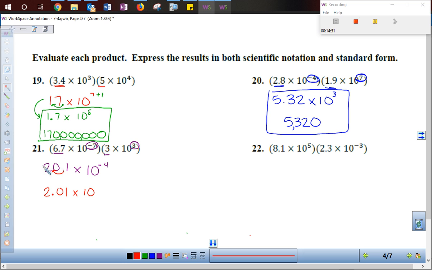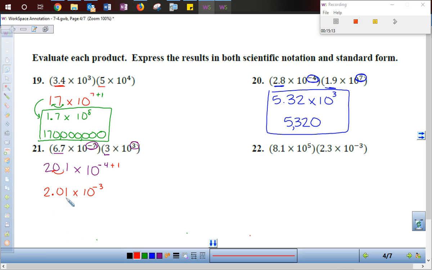But since my actual number got smaller, when I changed from 20.1 to 2.01, I got smaller by one place. So now my exponent needs to get bigger by one place. So if I take -4 and add 1, I'm left with an exponent of -3.